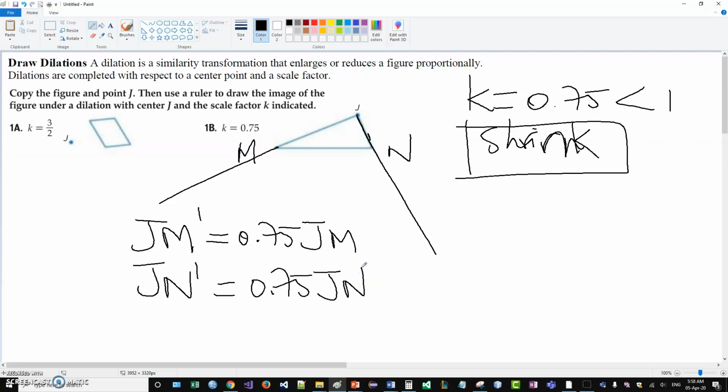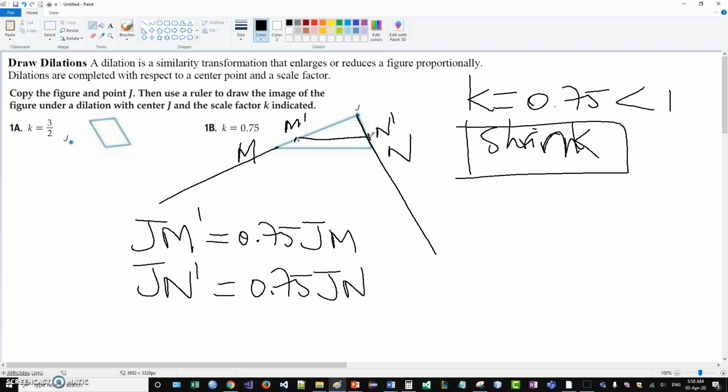0.75 is 3/4, so let's say it's almost right here, and then same thing right here. Okay, so this is M prime, this is N prime, and then we connect M prime to N prime.